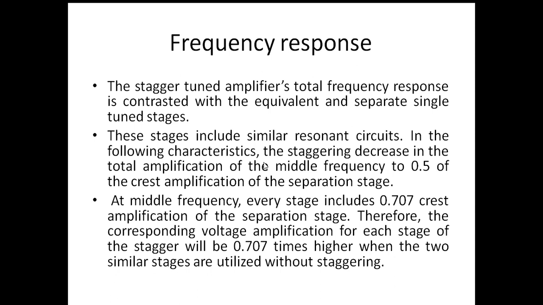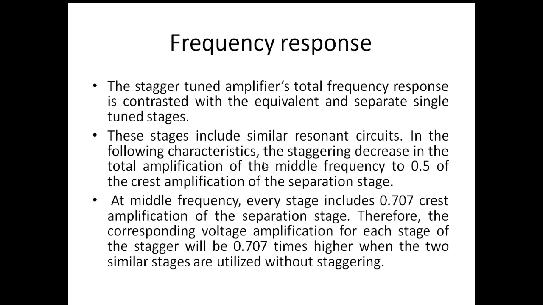The separate stages include similar resonant circuits. All the circuits are similar. The resonant circuits, meaning tank circuits, are similar. In the following characteristics, the staggering decreases the total amplification at the middle frequency to 0.5, that is half of the crest amplification of the separate stage.